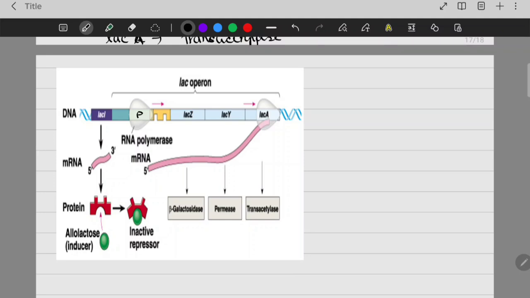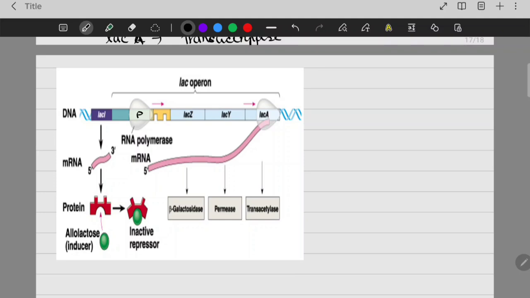Why? Because there is glucose present. So why would we take the lactose? Because its metabolism is quite difficult, and this whole process has to be done in the cell. And the third one is if only lactose is present, then the bacteria will take up the lactose for its metabolism. Okay, now the lac operon action will take place.